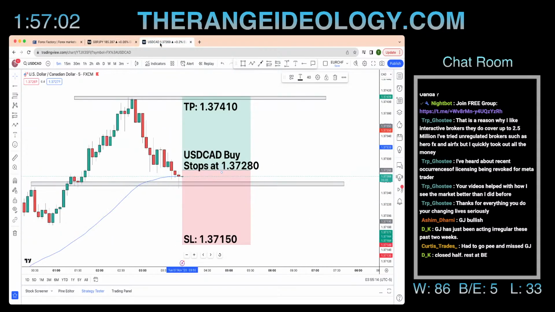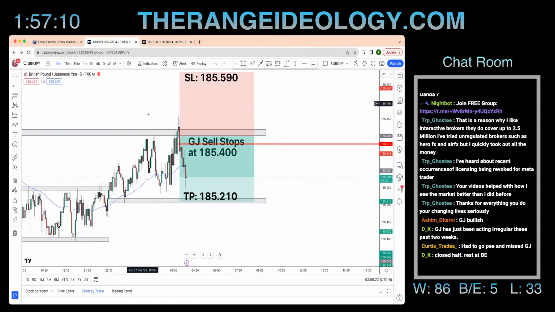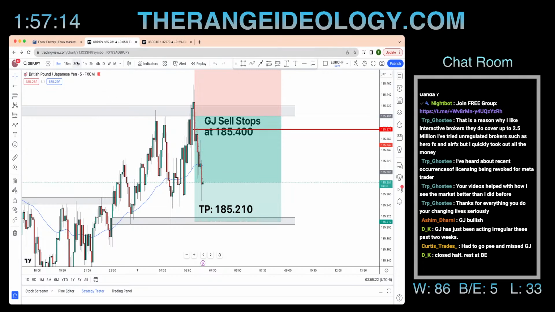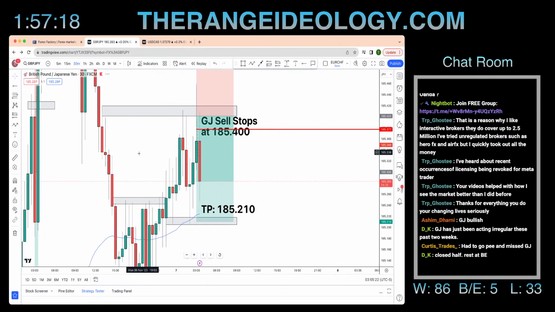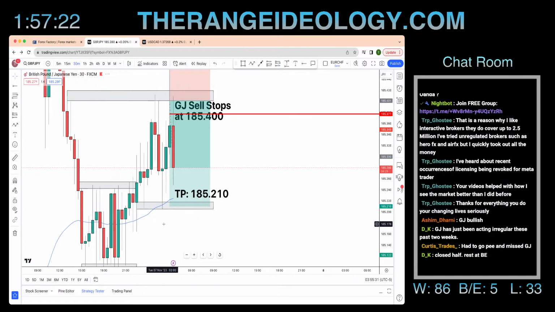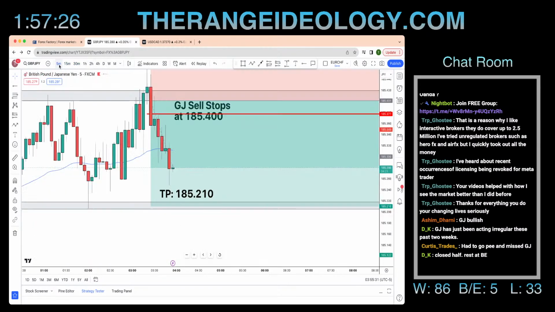Let's see here. Again, USD CAD is still not activated here. Very close. Here's GJ. Again, because of the 30-minute, it's closing very soon, guys. That's why I kept this all along. It can still push down all the way to the 30-minute EMA, maybe wick after the tap here.